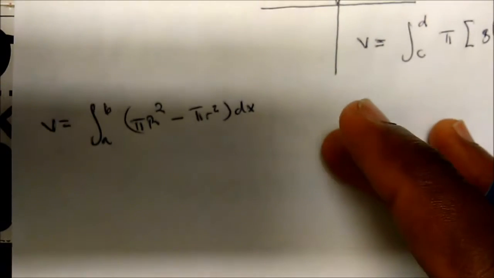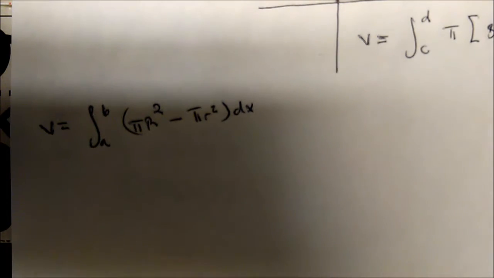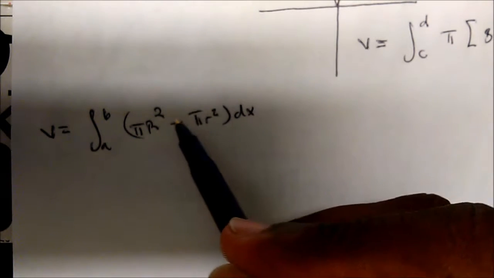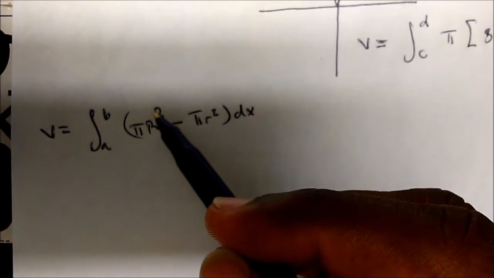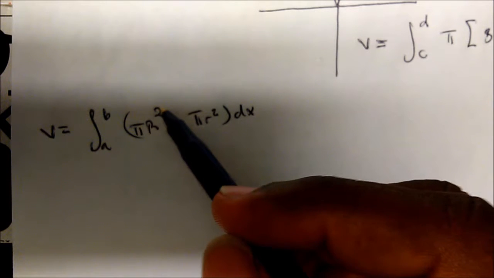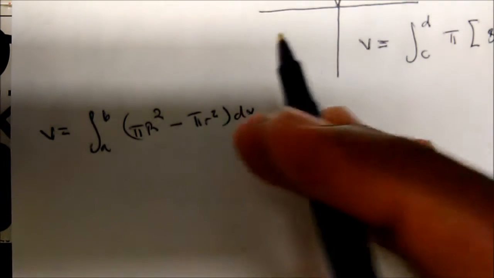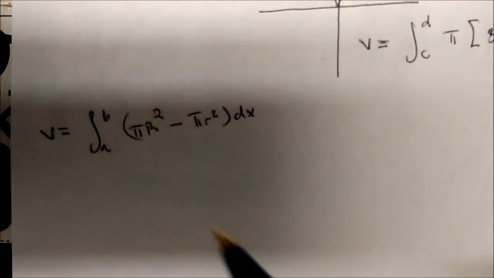What does this mean? All we're doing is saying that in order to find a volume between certain curves, I'm going to take pi and multiply it by the radius, in other words, the upper function minus the lower function. We're going to go through some examples to make this idea concrete.